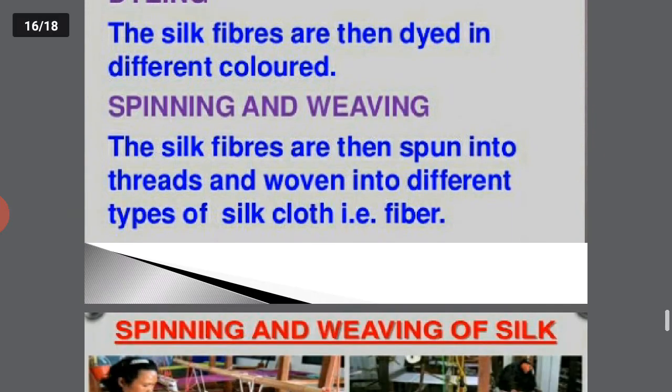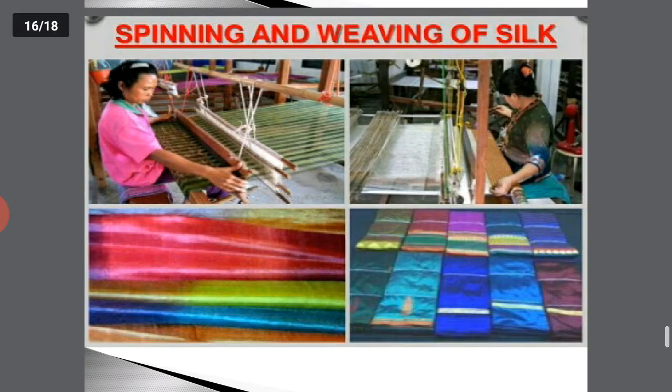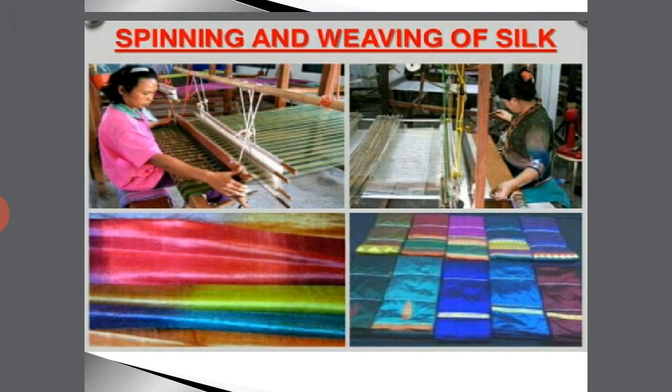In the first picture you can see how it is spun and then woven, and in the third you can see the process of dyeing. The silk fabric is dyed in different colors, and later on you can see the variety of silk clothes or fabric.